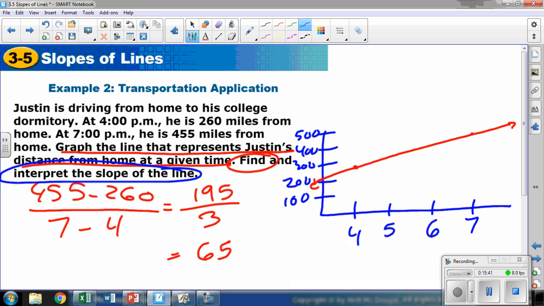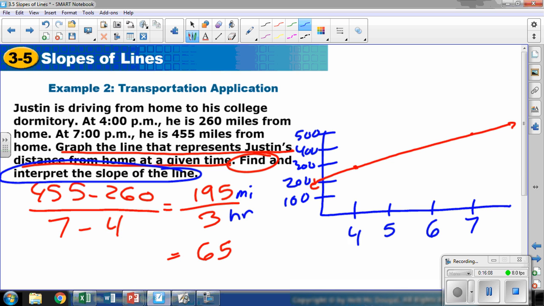Interpreting the slope is all about remembering the labels on what you were doing. What was this 195? It wasn't just the number 195, it was 195 miles that Justin drove. The number 3 wasn't just the number 3, it was a 3-hour-long period in which he was driving.